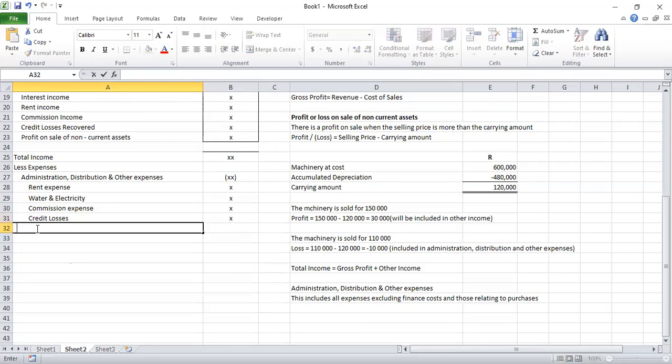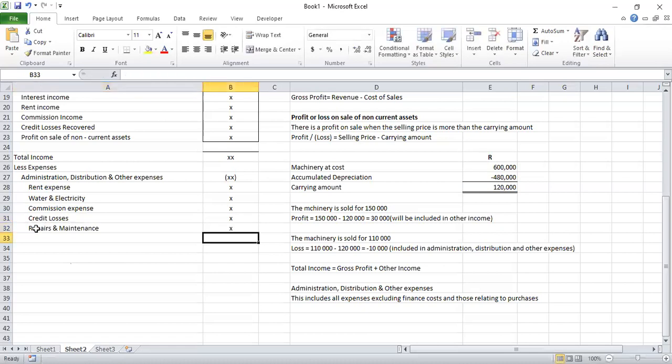Then we have repairs and maintenance. Then we have loss on sale of non-current assets.